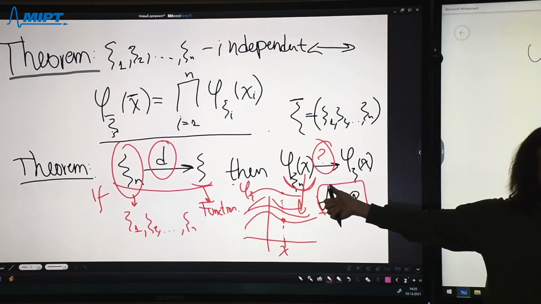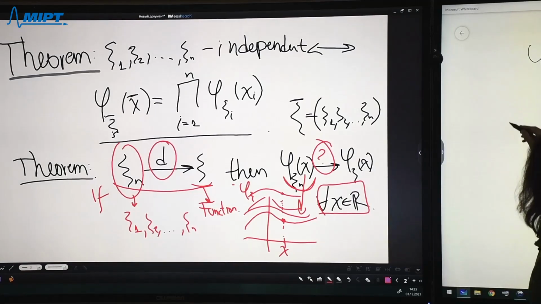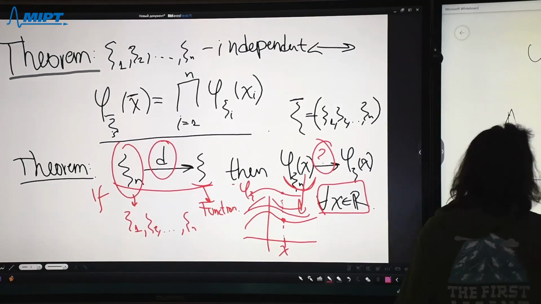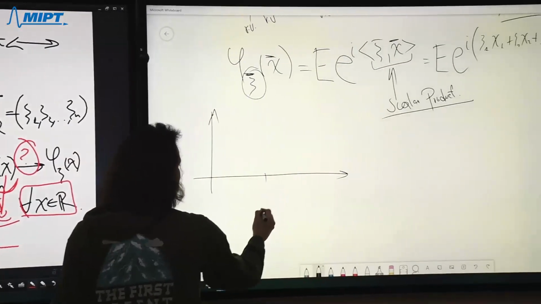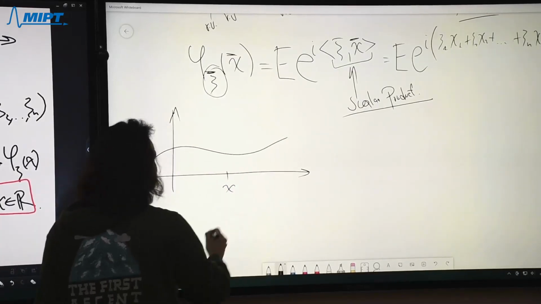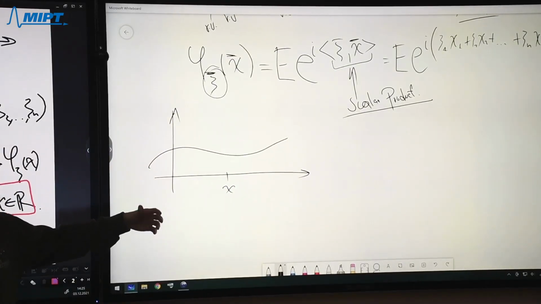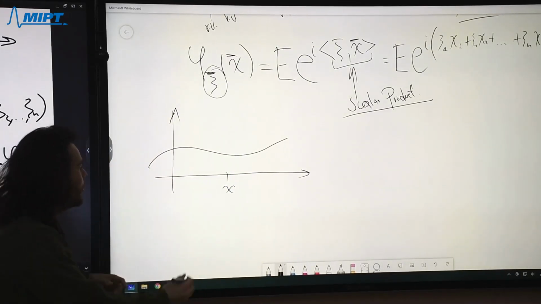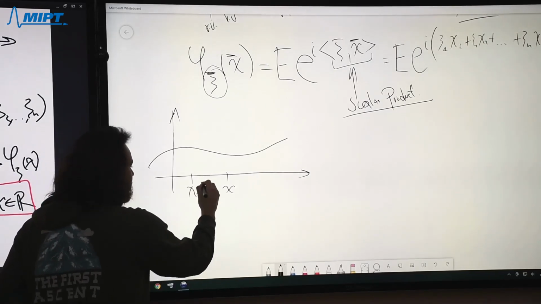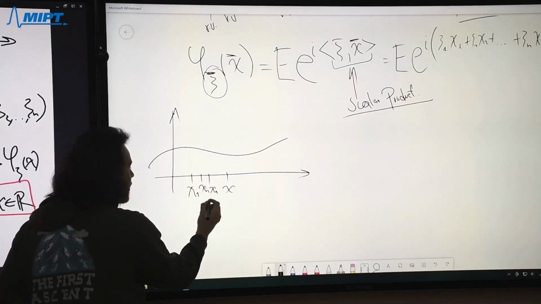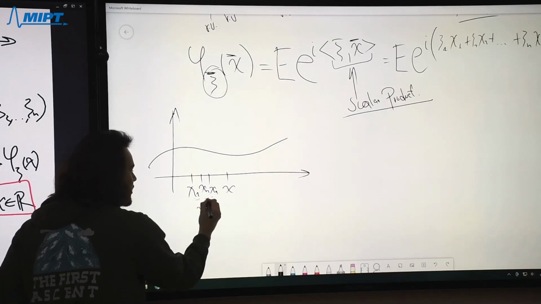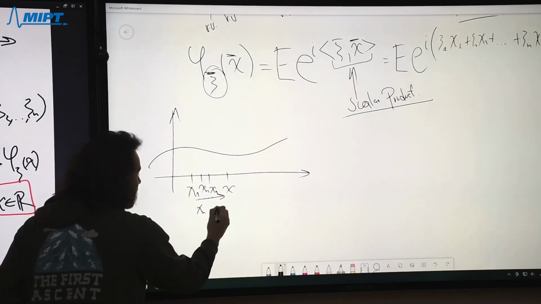When you study calculus, you look at some function and you say, let's find the limit of this function when, if this is x1, x2, x3, when xn tends to x.